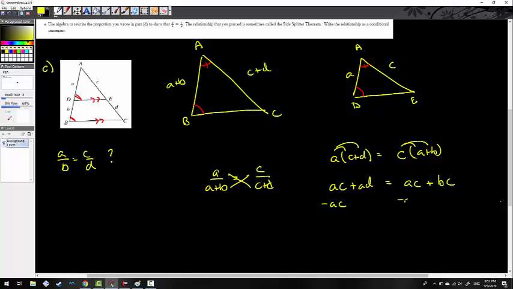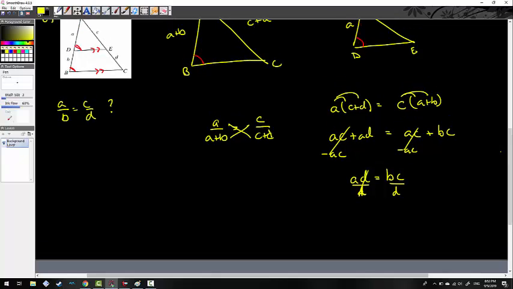I believe the ACs are going to get themselves out of there, and AD is equal to BC. So we're getting kind of close, right? So here's the thing, if I divide both sides by D, not A, D, what I get is, if I scroll down just ever so slightly here, I will end up with A is equal to BC over D.